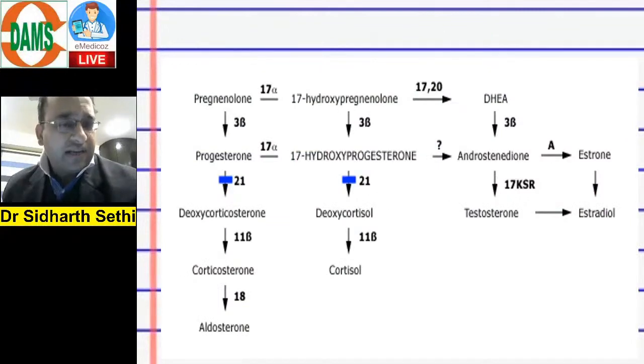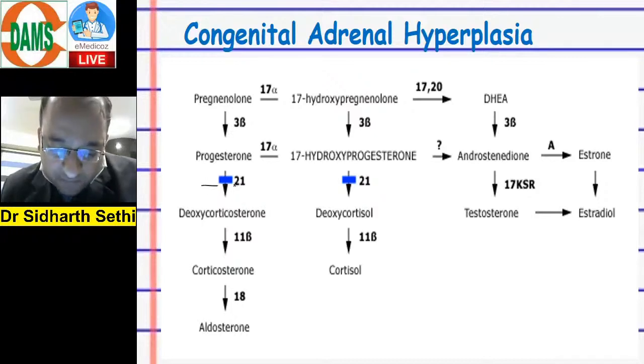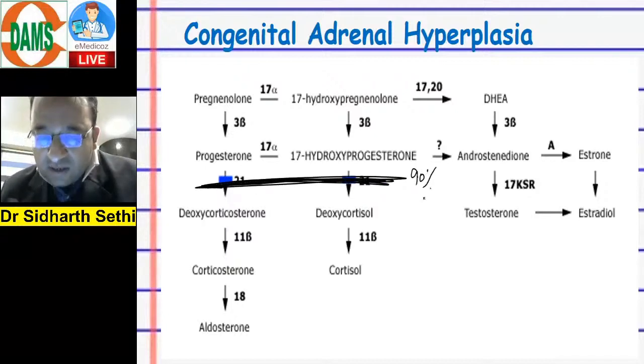We talked about TSH. And now we'll talk about CAH, congenital adrenal hyperplasia. It is an autosomal recessive disorder. Remember, all of you, 90% of congenital adrenal hyperplasia is a block here: deficiency of the 21 hydroxylase enzyme.